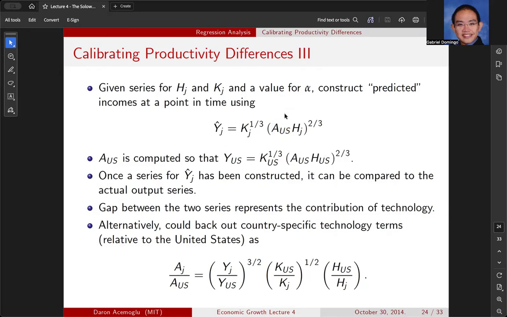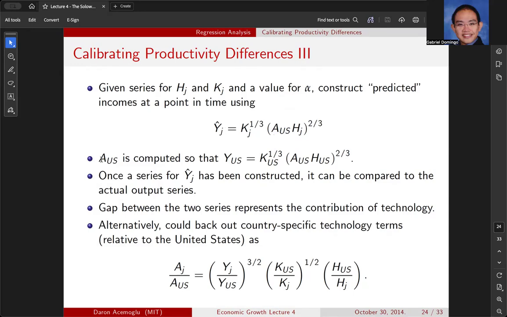So we're going to use for all other countries the technology level of the United States. It's a prediction that, let's say, all countries have the technology of the United States, given their endowment of capital and educated labor force here. What is the estimated GDP for that country?